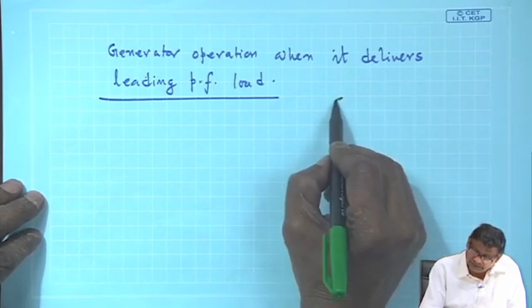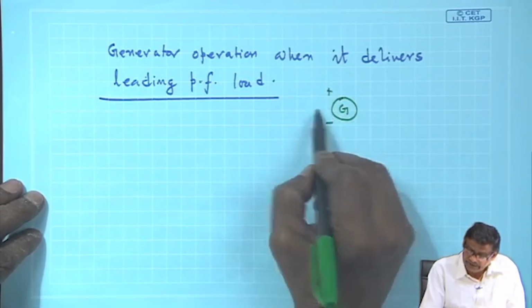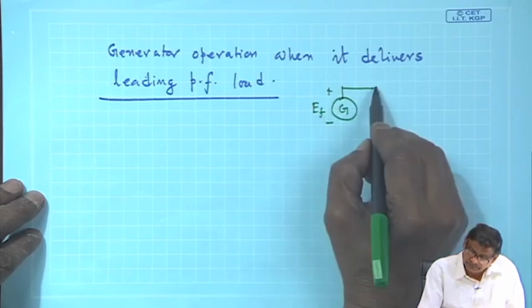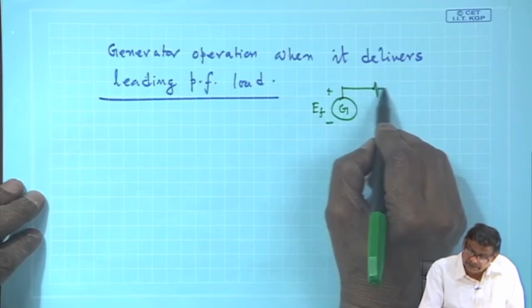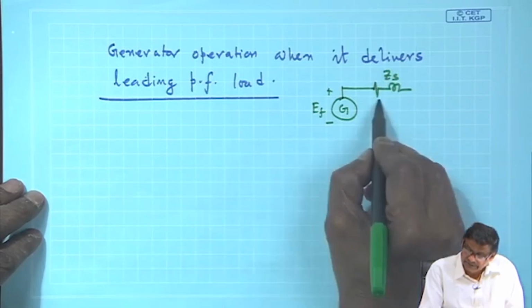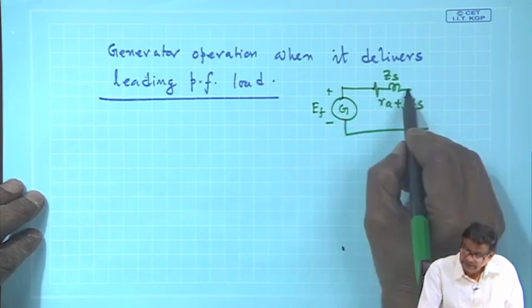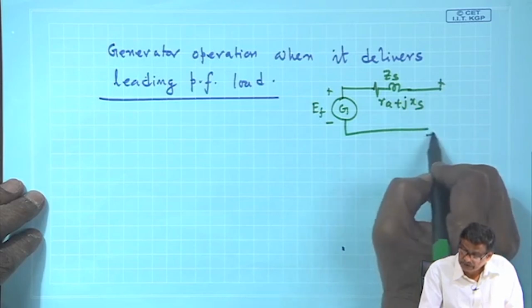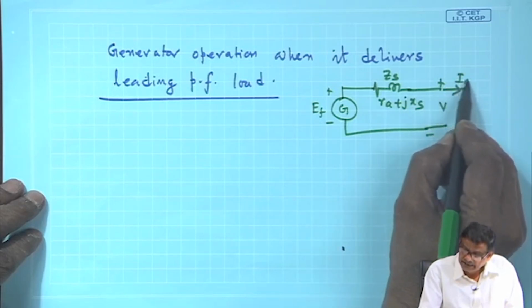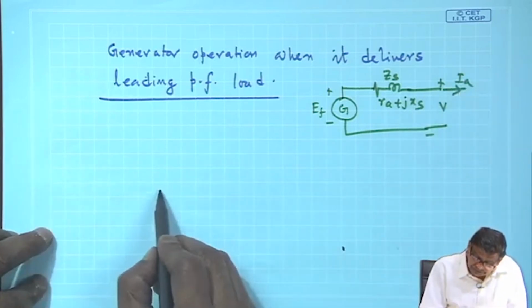So, how I am drawing the generator: here is EF, here is your ZS. I will now draw for this whole thing ZS. This is RA plus jXS, and this is your terminal per phase voltage V, and I am saying it is delivering a leading current. Now, let us see how to draw the phasor diagram.